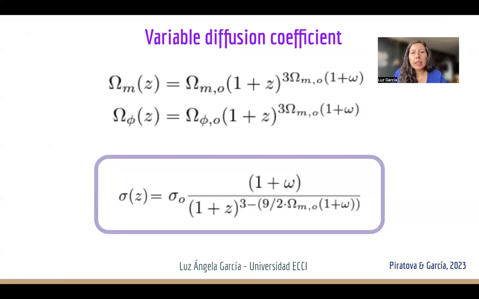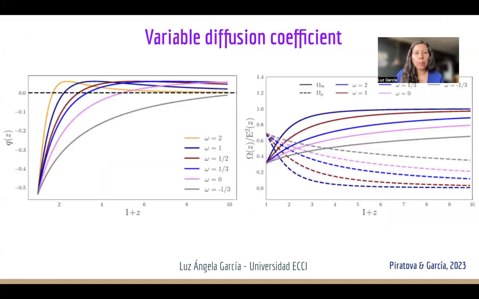You can see that they scale as a quadratic term, but they also include a dependence on the equation of state, which can take different terms. Also, the diffusion coefficient, which is now a function of redshift, takes this particular form that we see inside the purple box.